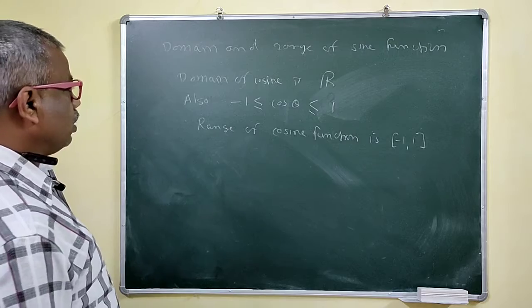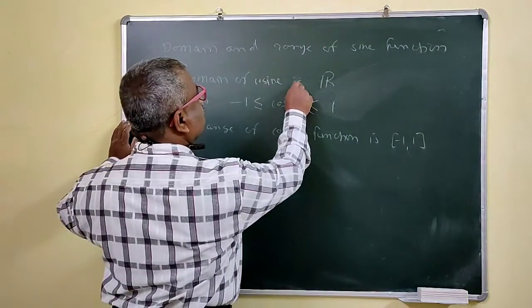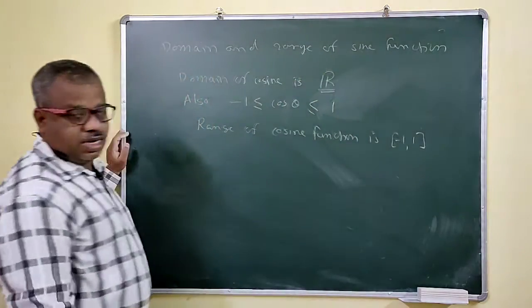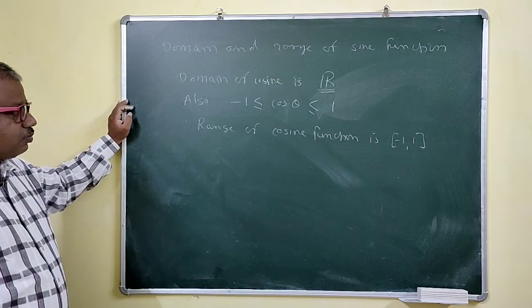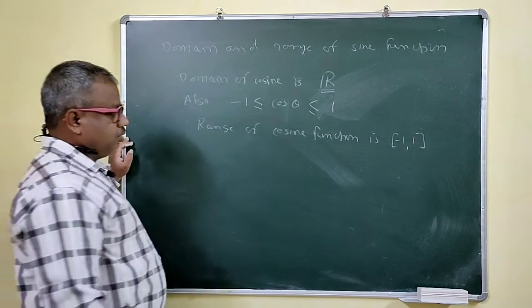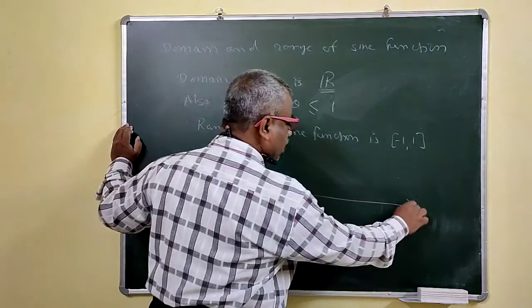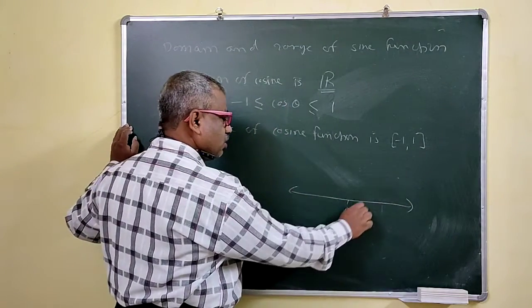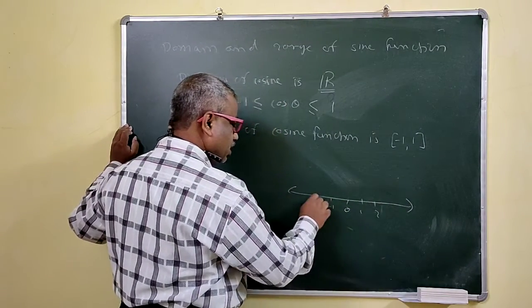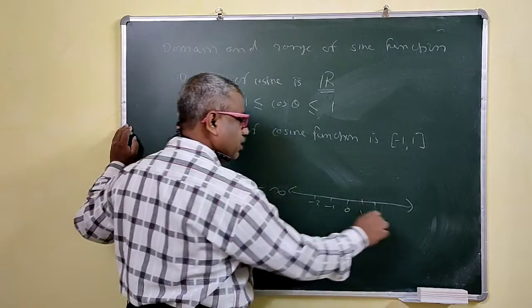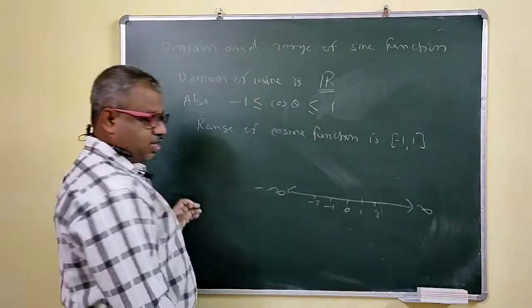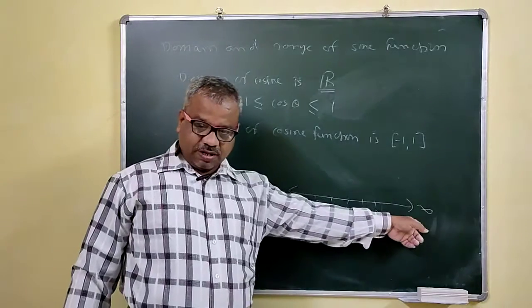So the domain of the cosine function is R. R is the standard notation for the set of real numbers. You know that this is a line, so this is 0 here, 1 here, minus 1 here, minus 2 here. This is minus infinity, this is infinity. All numbers lie between minus infinity and infinity.